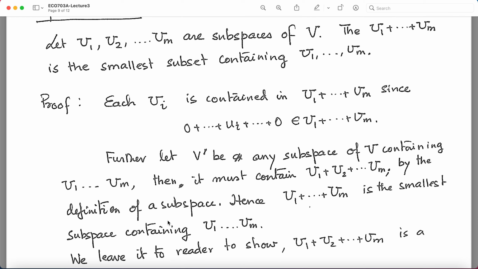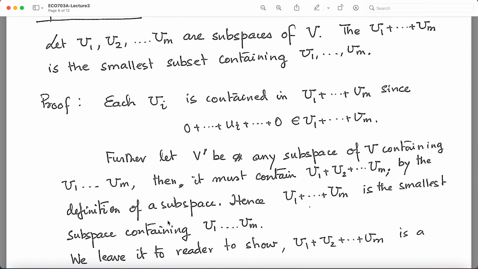Because if it contains u1 and u2, then any element of u1 is also an element of V dash, an element of u2 is an element of V dash, an element of u3 is an element of V dash, and if I add them up, all of them are lying in V dash. So the element u1 plus u2 plus um is in V dash, because V dash is a subspace, and when you add elements from V dash, you get an element in V dash.